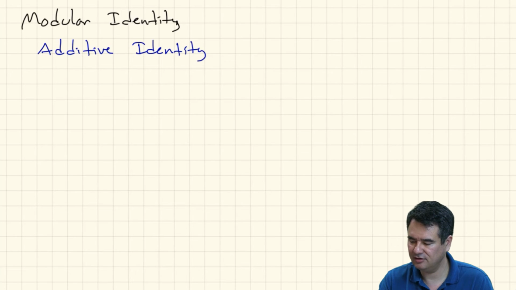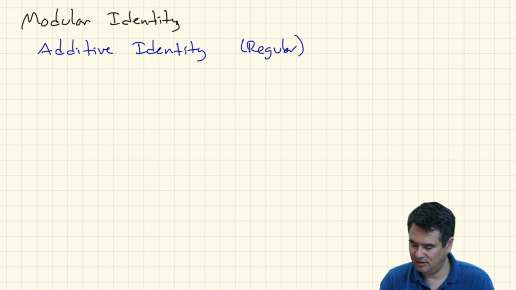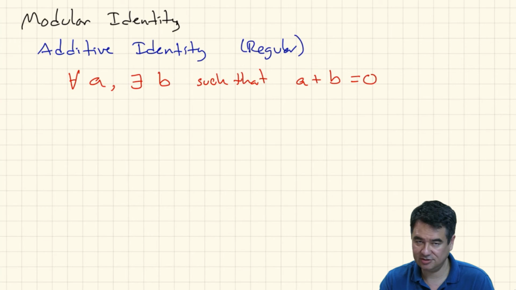Under regular numbers, it says this: if I have a number a, let's say for all a, there exists a b such that a plus b is equal to 0.